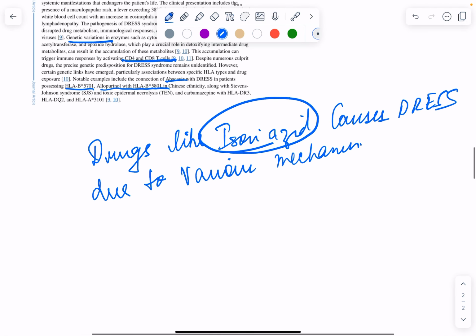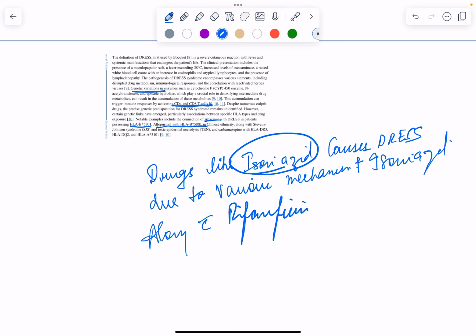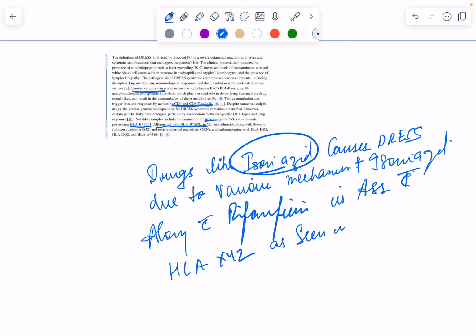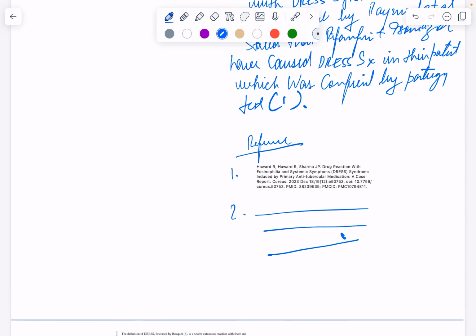Drugs like isoniazid cause various mechanisms, and isoniazid along with rifampicin is associated with whatever HLA we find over there, is associated with HLA this, as seen in whichever study. Copy it, name that study we just saw now as the reference. So you should keep going ahead.